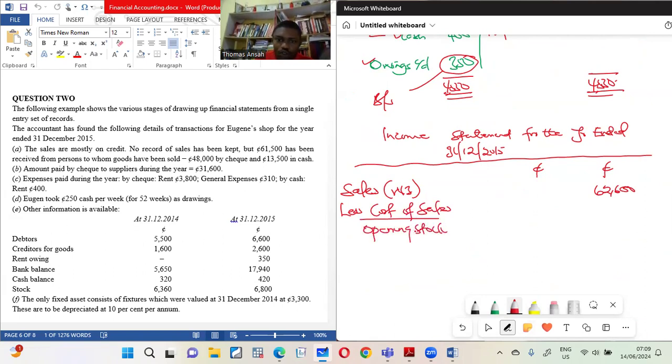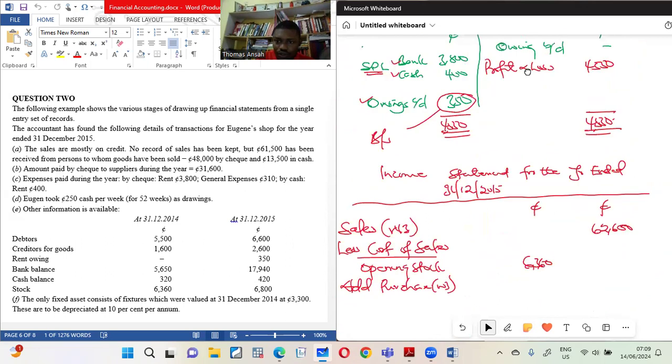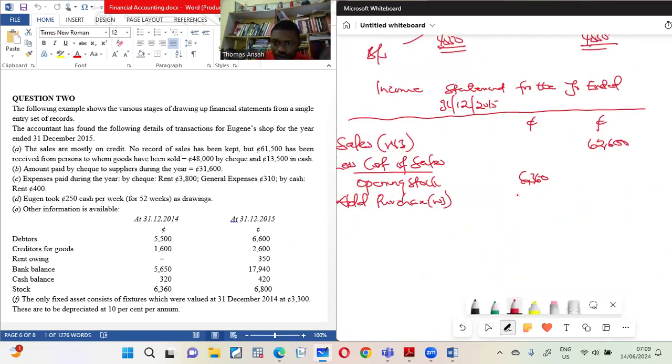And what is our opening stock? Stock coming from last year. Where is it? Stock. So we have 6,360, right? Add purchases. Where is our purchases? That one too is coming from our workings 3, right? So how much was that? 32,600. So 32,600.